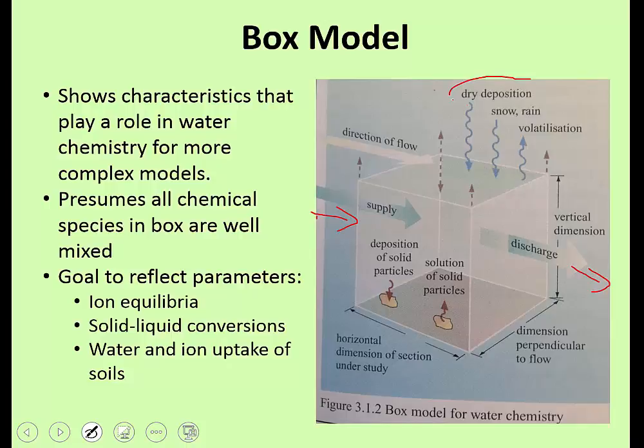So, for instance, dry deposition coming in. So, dry materials that are being introduced into the flow here. Snow and rain are coming in. So we have sources coming in. We also have sources coming out. So volatilization is evaporation, removal of water in that effect. Now, while this solution is in the box, we can have a couple of different things going on.